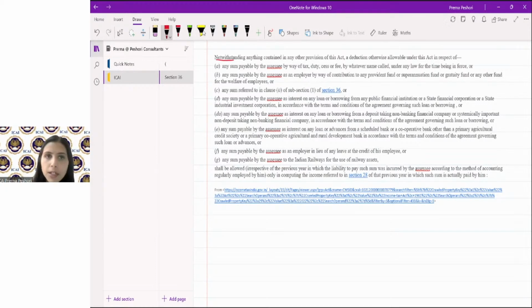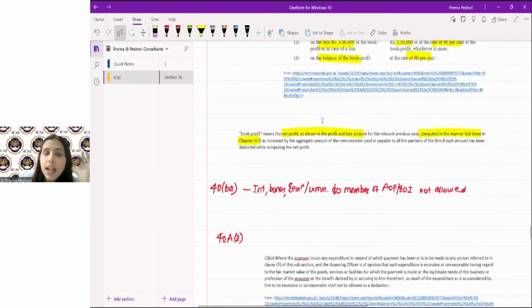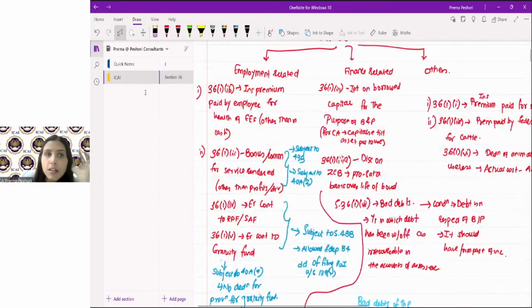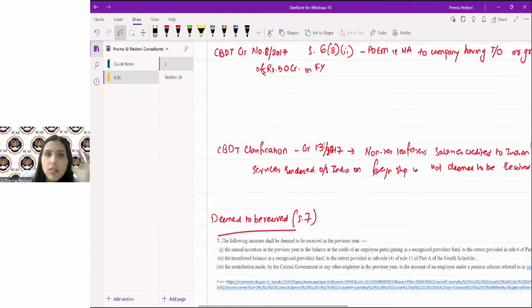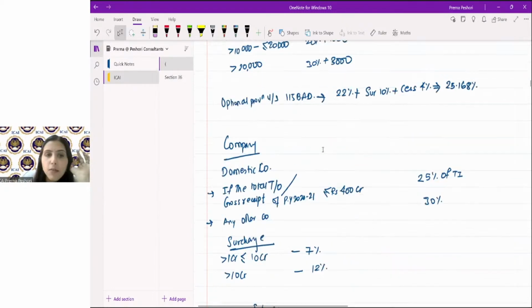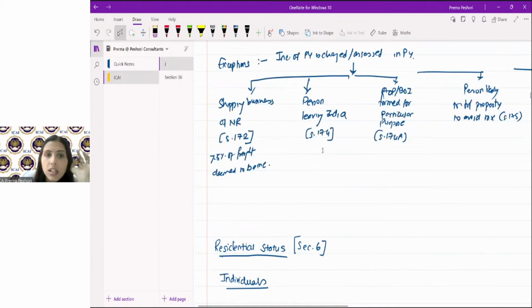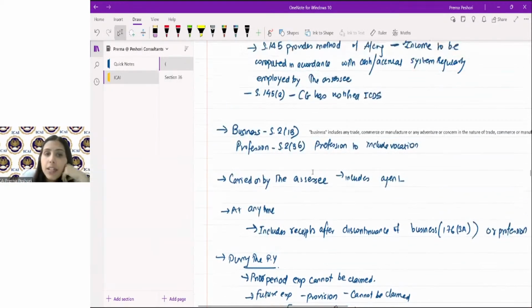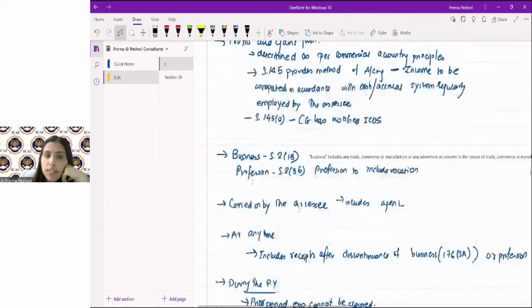Meaning, this particular section, if you remember section 28(1), what we had studied at that point in time, and I told you this exception also: profits and gains of the assessee during the previous year, from business or profession carried on by the assessee at any time during the previous year.